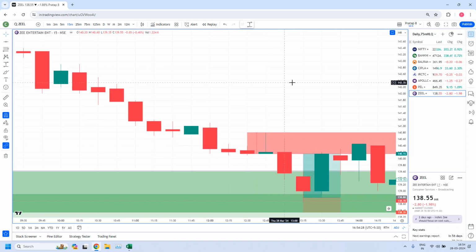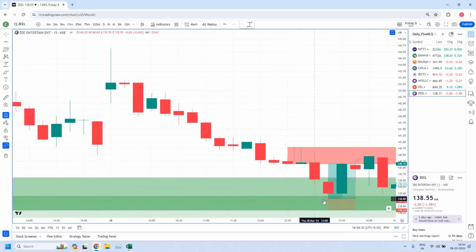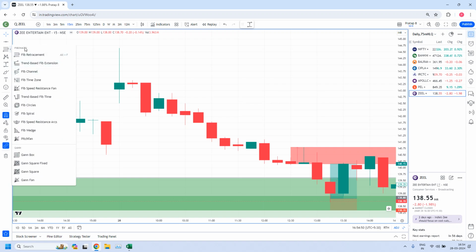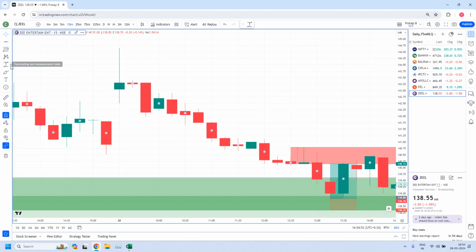The problem is RR. If you consider this zone proximal line, you will be getting only 2.6 RR. If I want to make it at least 1:3 RR, you have to take the help of the TradingView long position tool. Here we have a long position and short position.